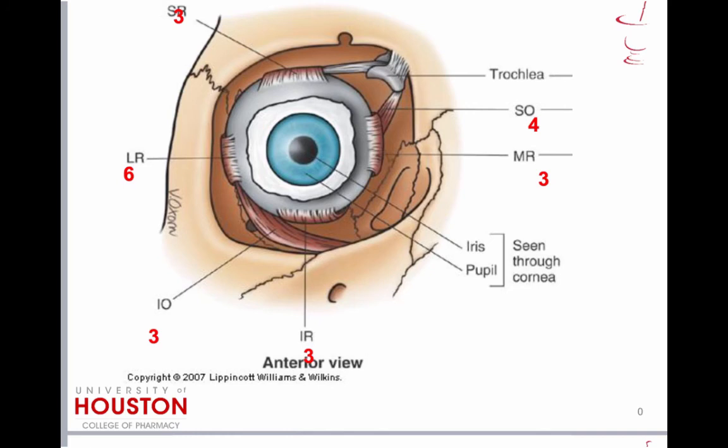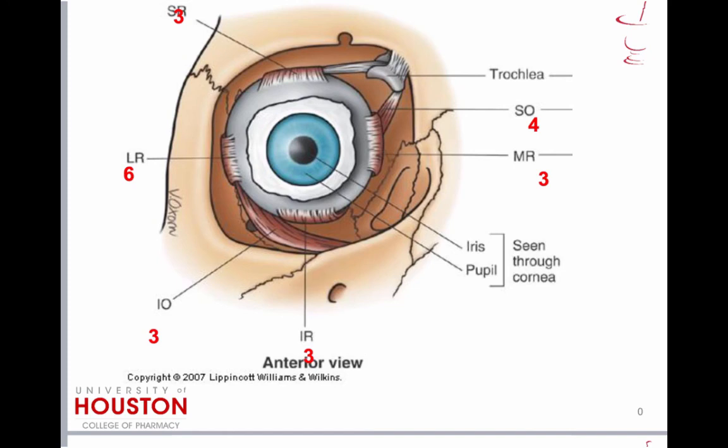All right. We have our medial rectus muscle, and that's over here in the middle. It is going to be moving the eye medially or adducting it towards the midline. It's innervated by cranial nerve 3.